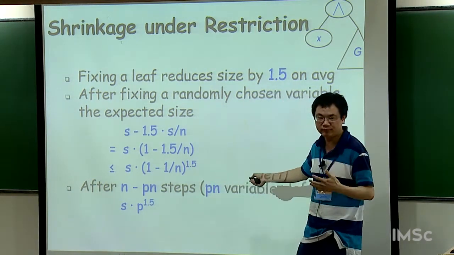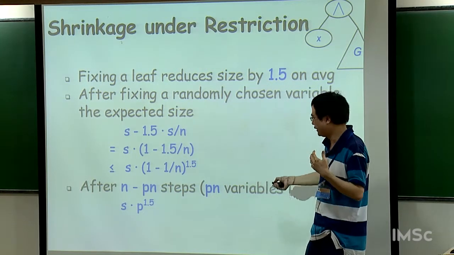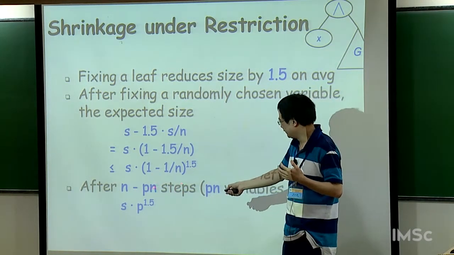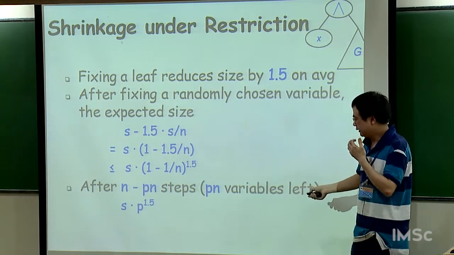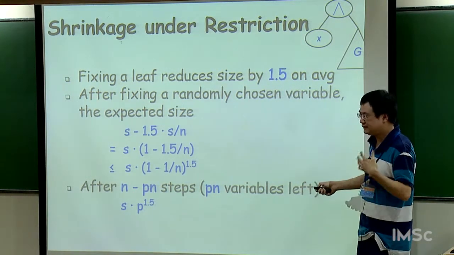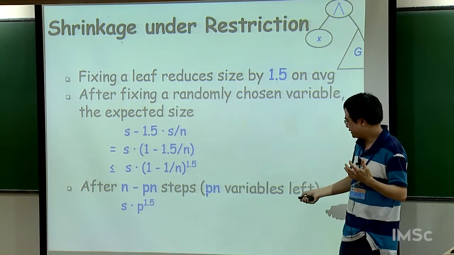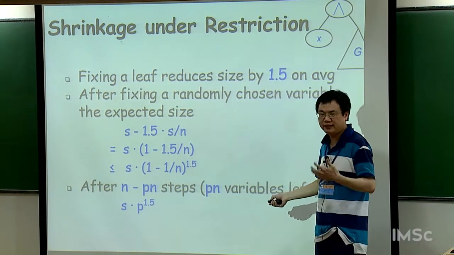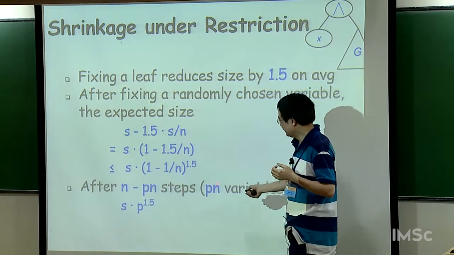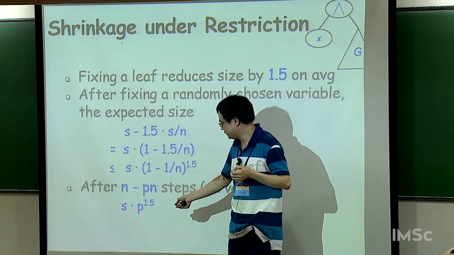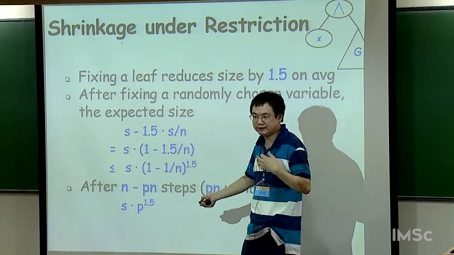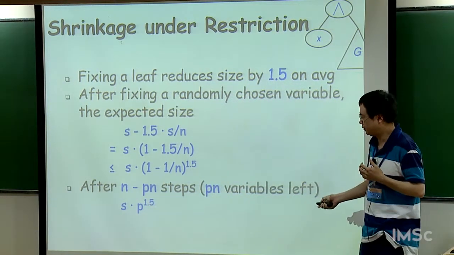So that's one step. Now suppose we do this step for n minus pn variables. That means at the end, I want to have a fraction p of the variables left unrestricted. In this case, the formula size reduces to s times p to the 1.5. So this is the expected reduction in formula size.